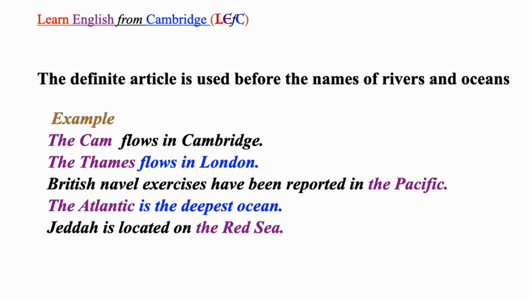Jeddah is located on the Red Sea. So these names of rivers and oceans, Cam, Thames, Pacific, Atlantic, Red Sea, all take the definite article.